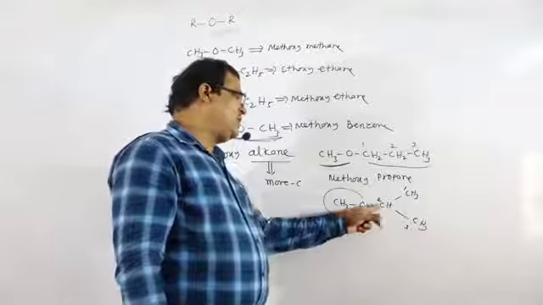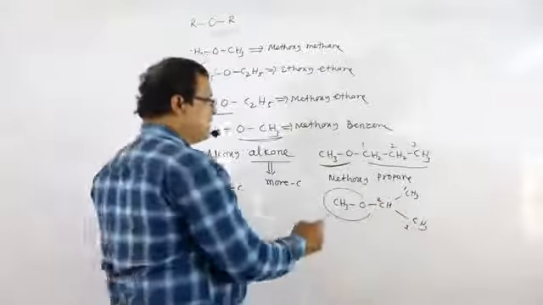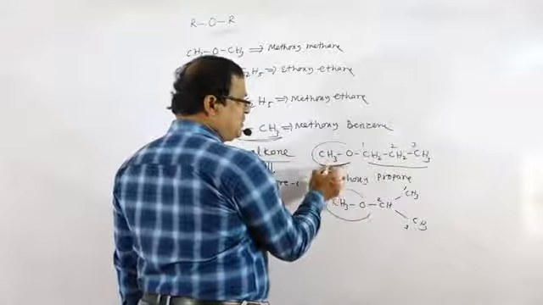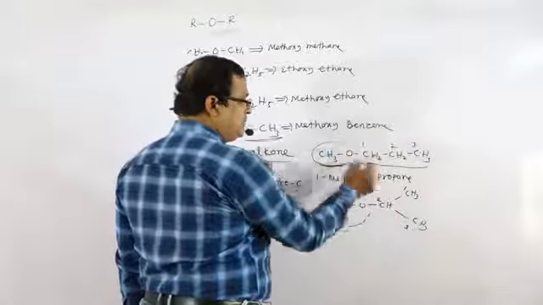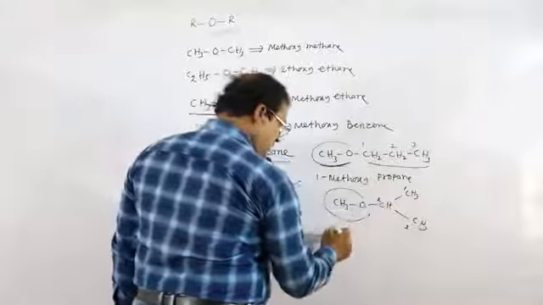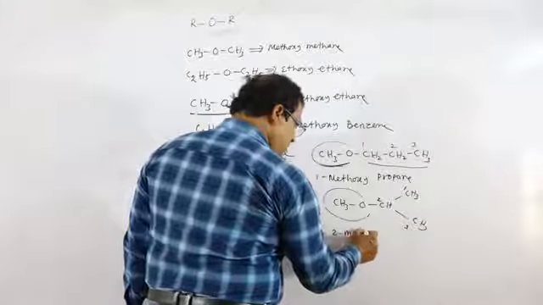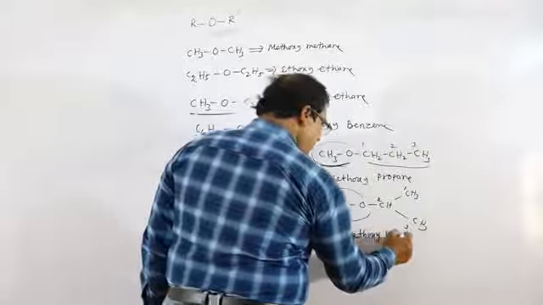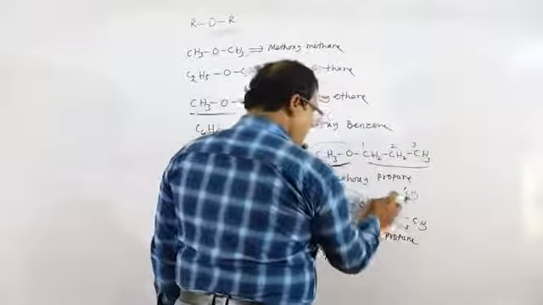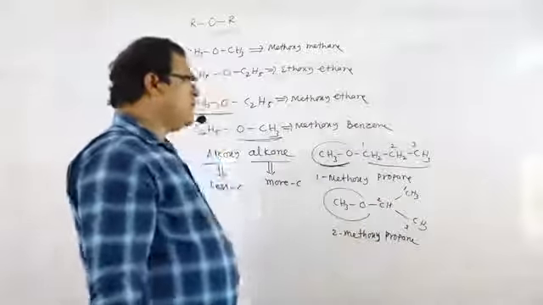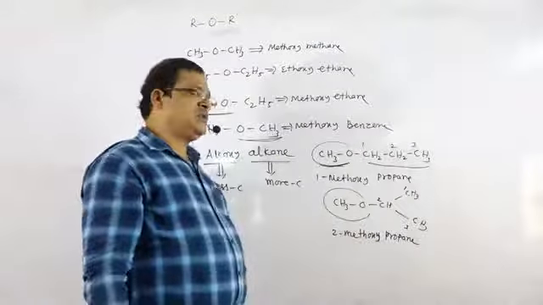In the first case, the methoxy group is at position 1, therefore 1-methoxypropane. In the second, 1, 2, 3, it is 2-methoxypropane. So 1-methoxypropane, and the second one is 2-methoxypropane.